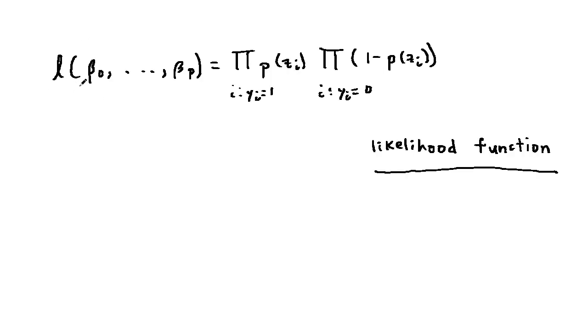Let L of beta 0 through beta p be the product of p of zi times the product of 1 minus p of zi, like this. Okay, this is called a likelihood function.